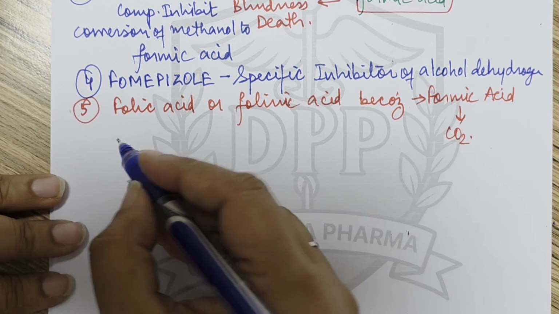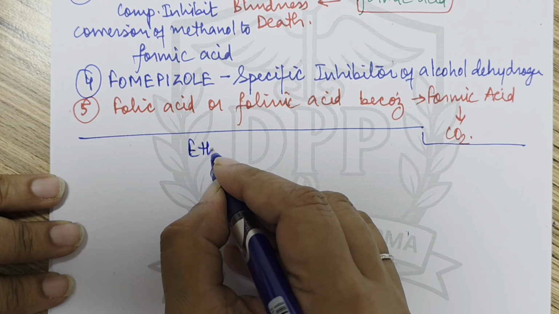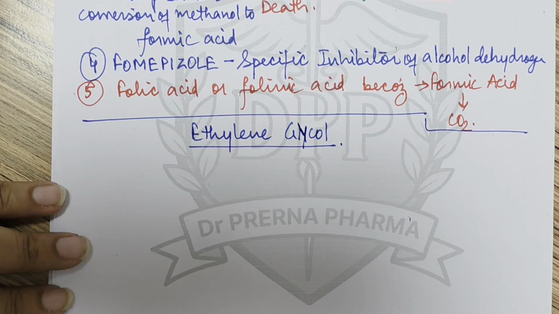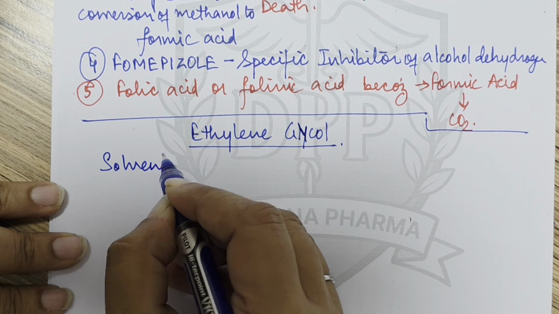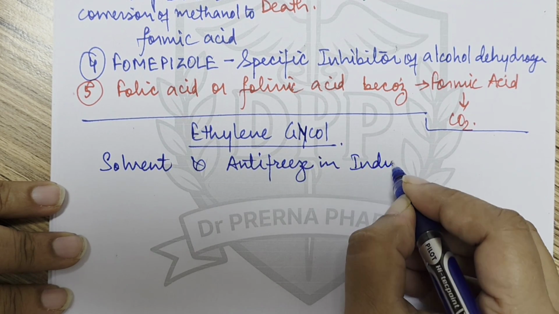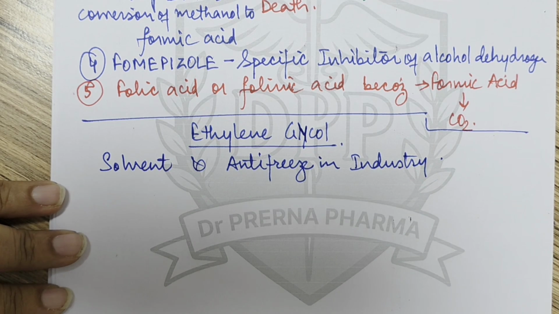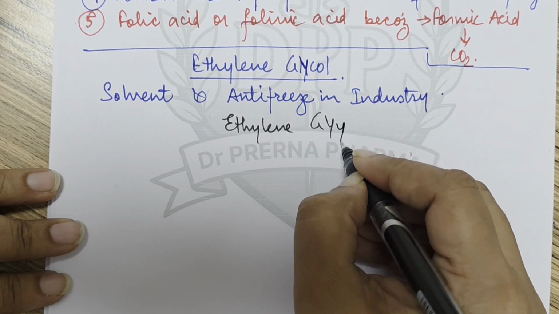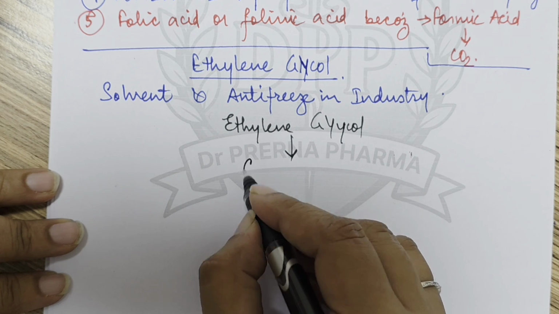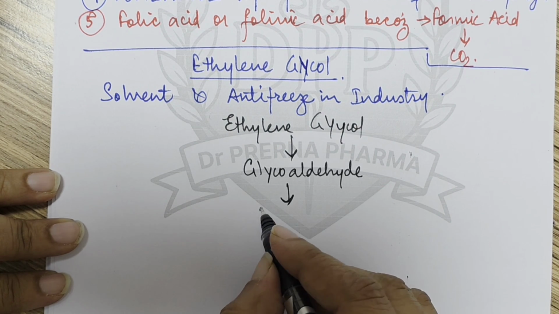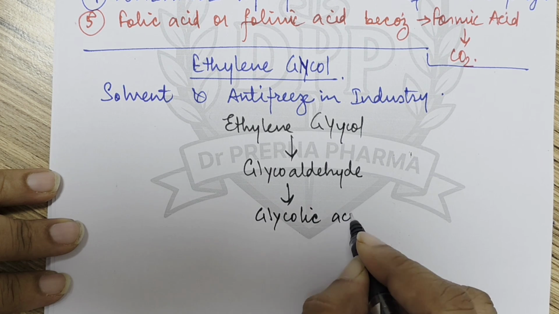Then in methanol and ethanol, one more item is there that we study, that is ethylene glycol. Now what is ethylene glycol? Ethylene glycol is used basically as an industrial solvent, and it is used as antifreeze in industry. Now how is it metabolized? Now ethylene glycol gets converted to glycoaldehyde, which further gets converted to glycolic acid.